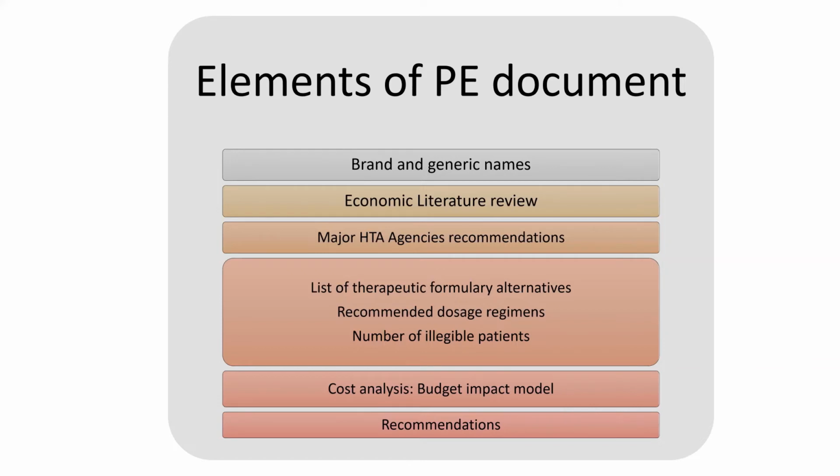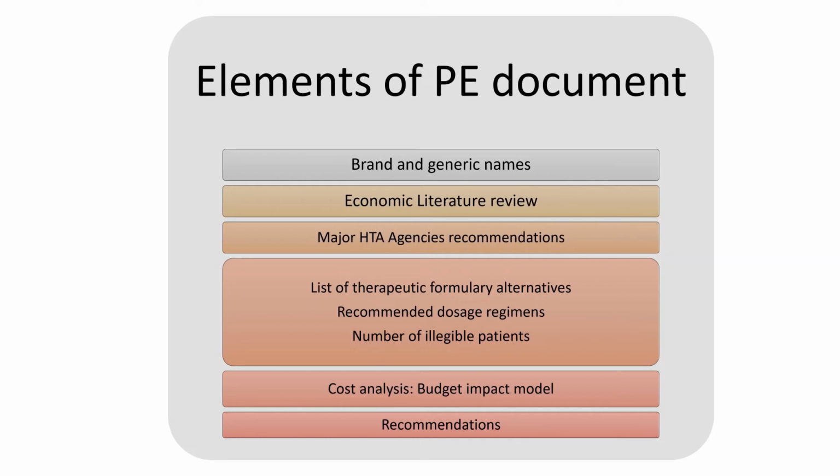And then we do a literature review of all published economic reports around the product. Then we present or we assess all the recommendations that are published by international HTA agencies. We focus on the ones that have a healthcare system that is similar to our healthcare system, or the ones that publish their reports in detail.